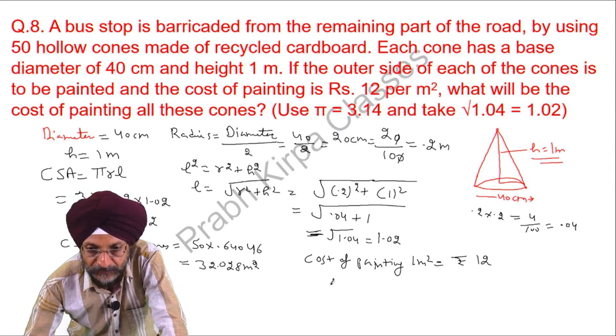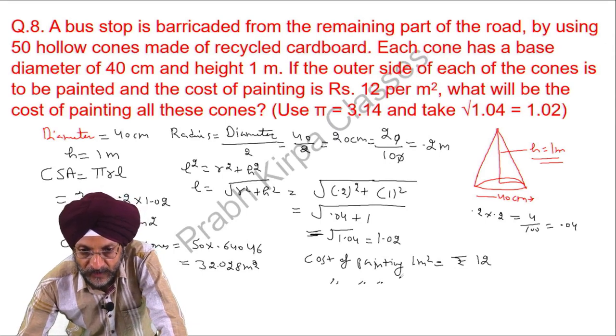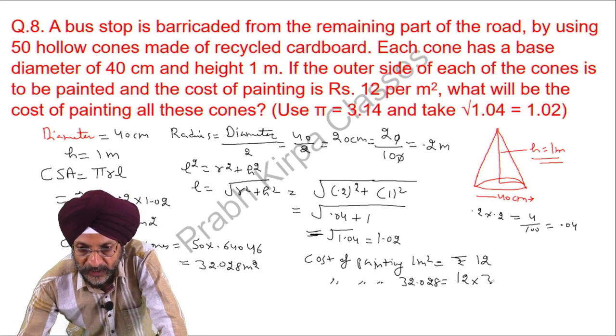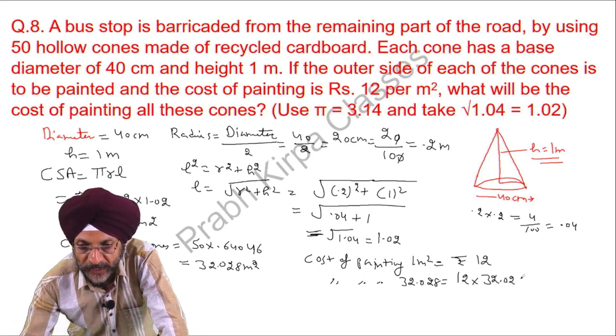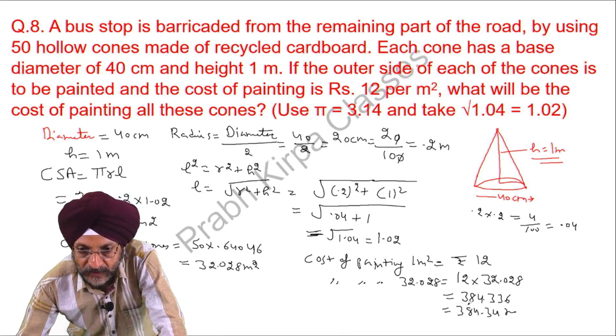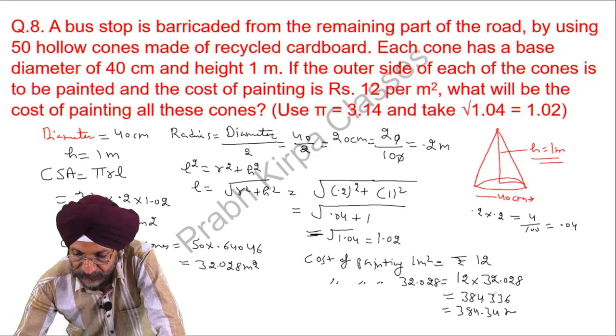Cost of painting 32.028 square meter is 12 into 32.028, it will come as 384.336, or in other words 384.34 rupees approximately.